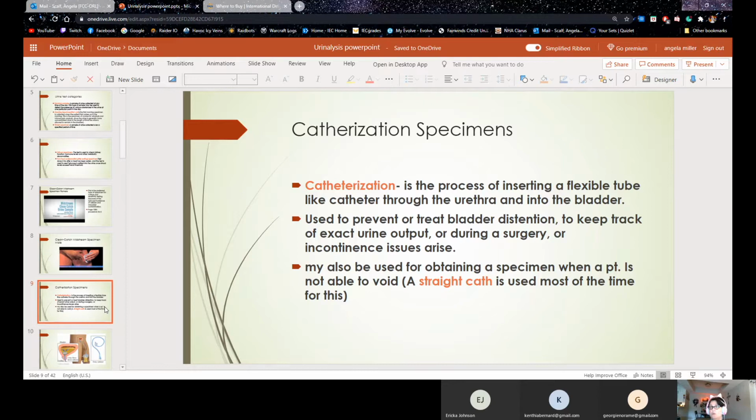And the reason we do this is because we want to get a specimen that doesn't have any outside possible contaminants.